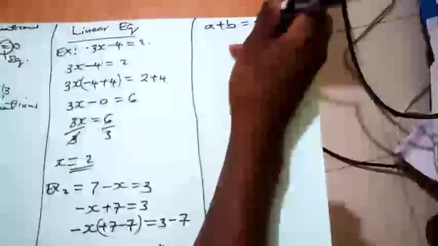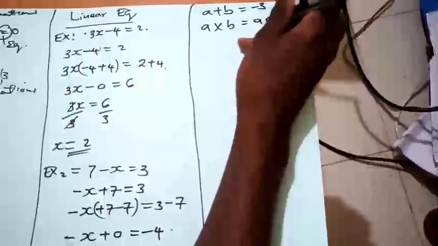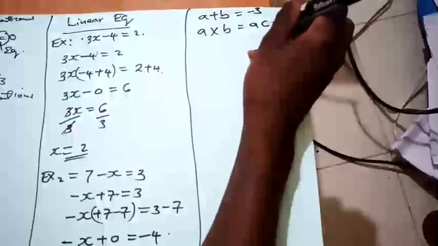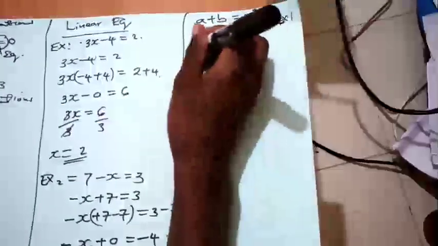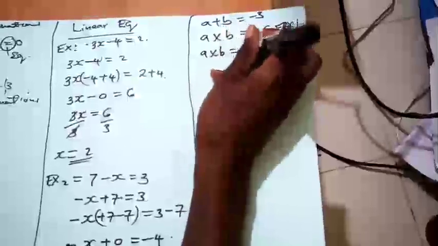When you are factorizing, we are supposed to come up with a plus b variables that are going to give us the negative 3, and a times b is going to give us ac, which is 2 times 1. So in that case, a times b is supposed to be equal to 2.